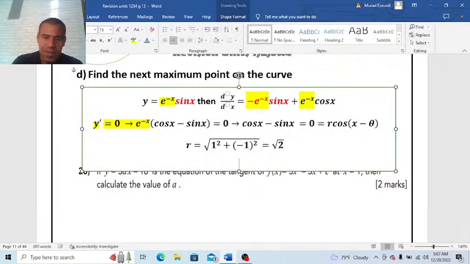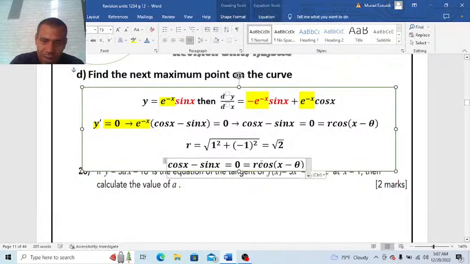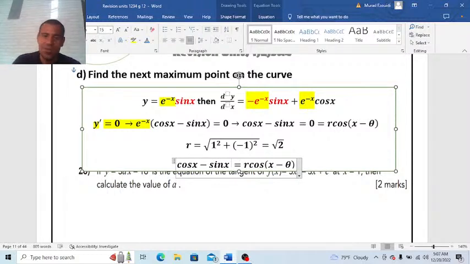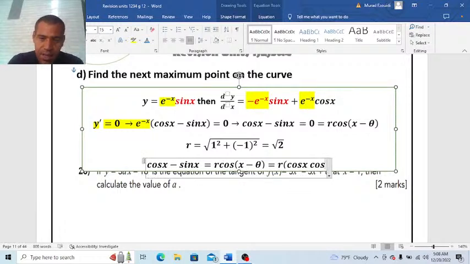I will write first this: cosine of x minus sine of x is equal to r cosine of x minus theta. This is equal to what, learners? Equal to r between parentheses cosine x cosine theta, and I will keep cosine theta.